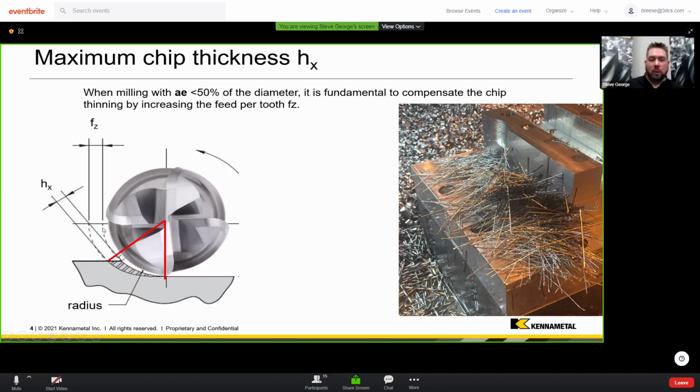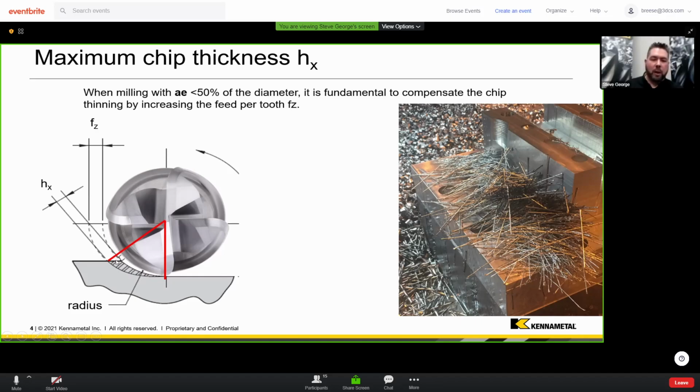The biggest thing to note, regardless of that, is just simple plane geometry. I've got the same arc here and the same arc here. Anytime my radial depth of cut is 50%, one radial distance, that uncut chip thickness is going to be the same as my feed per tooth. That's going to be my maximum.